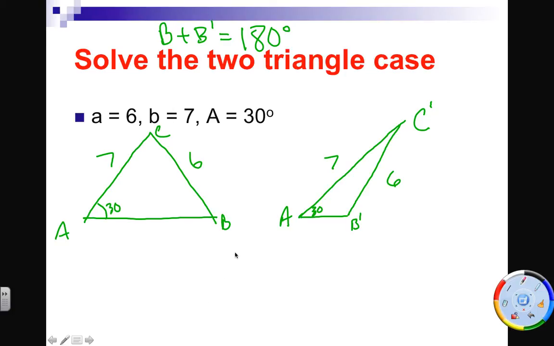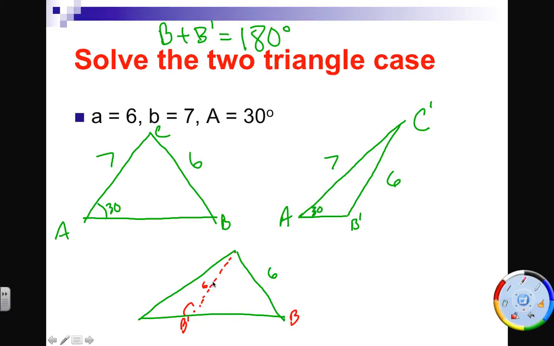If I was to draw this triangle a little bit better, maybe I'd draw it a little bit nicer here. And I had this 6. If I was able to swing this side over and create this line right here, which is this new line here, this is also 6. And this was angle B, and this angle here is B prime.